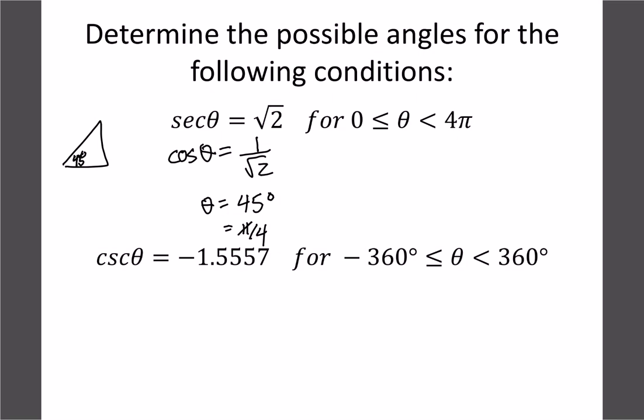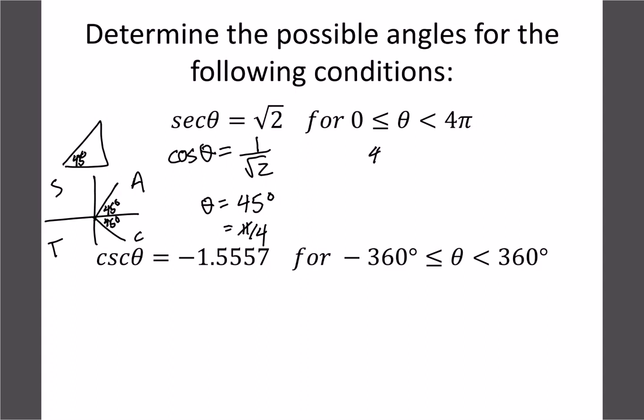So now all we have to do is meet the condition. We want to figure out where cosine is going to be positive. So that's going to be in quadrant 1, which is our 45 degrees, and in quadrant 4, which would be 315. We want to do that for all locations if we make 2 complete revolutions.